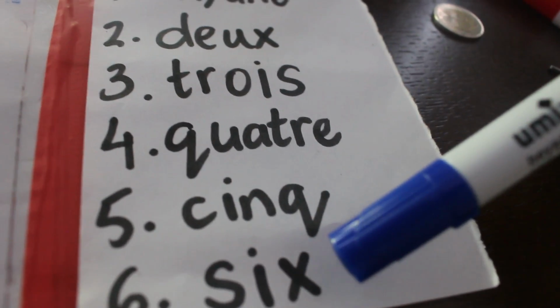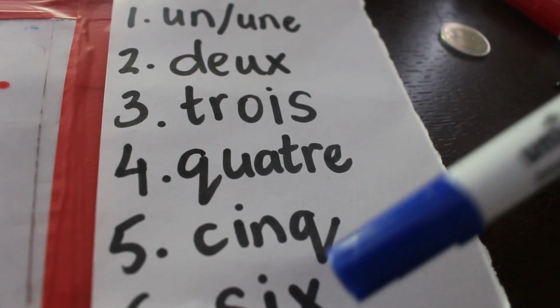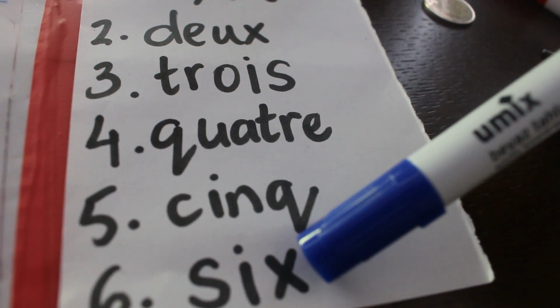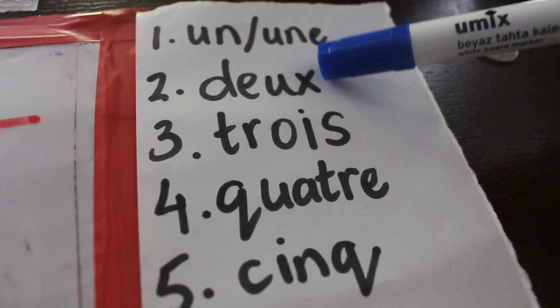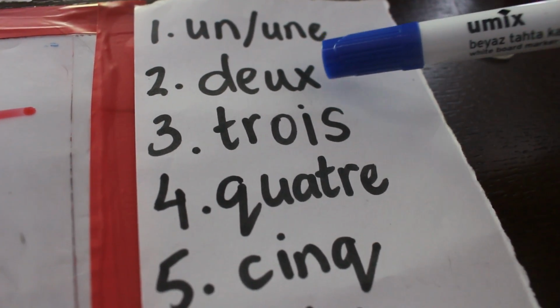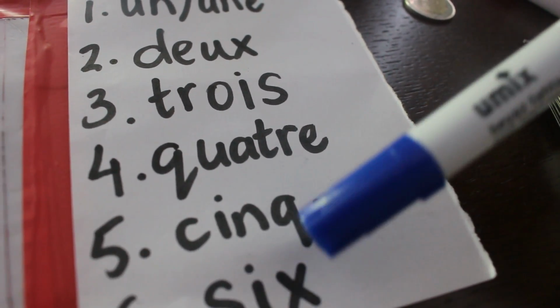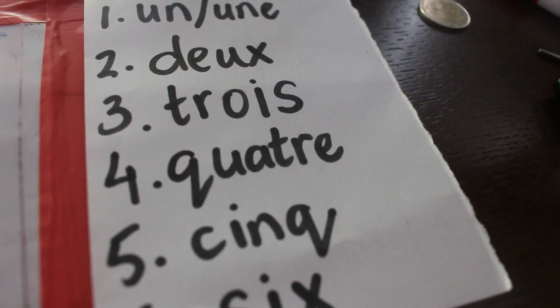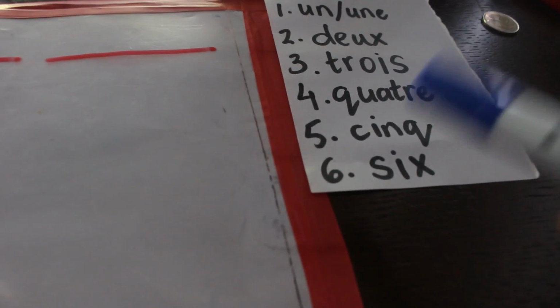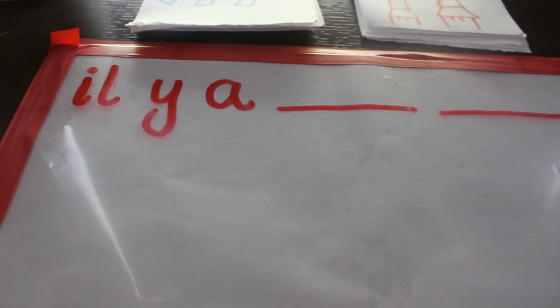All of these, when they have a vowel after them, make the sound of a Z, and that's basically called liaison. We will do liaison in detail, just to give you a hint. We've done till number 6. Now let's do number 7.